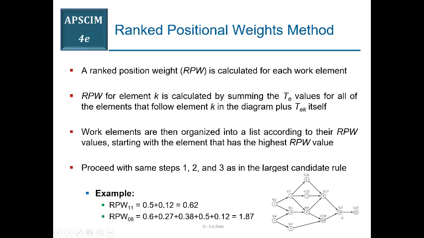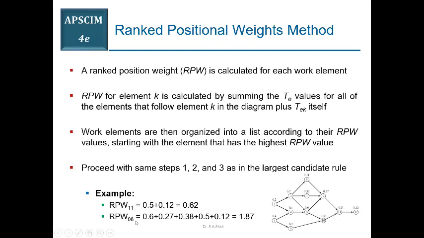So the RPW value of the 11th element will be 0.5 plus 0.12, as shown here, okay? So RPW 11, the positional weight or rank of element 11, is 0.62.